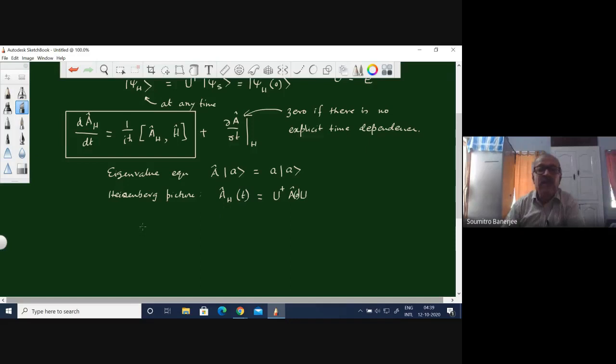Now what we start with is this, and then we operate with U dagger from the left. So A operating on the ket a is equal to a times the ket a. This was the equation, and I first operate with the U dagger from the left. The eigenvalue a is a number, so I can bring this to the right hand side.